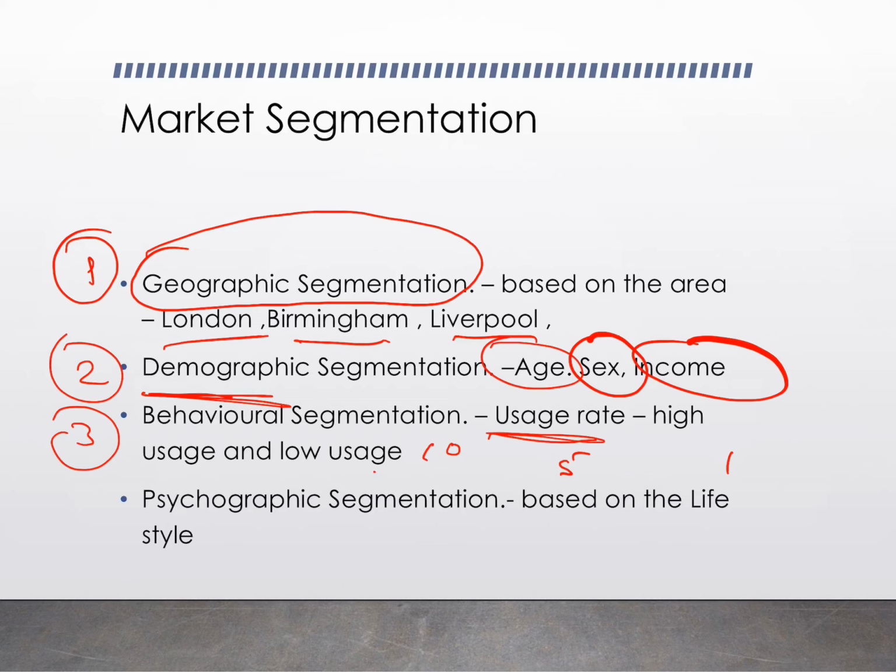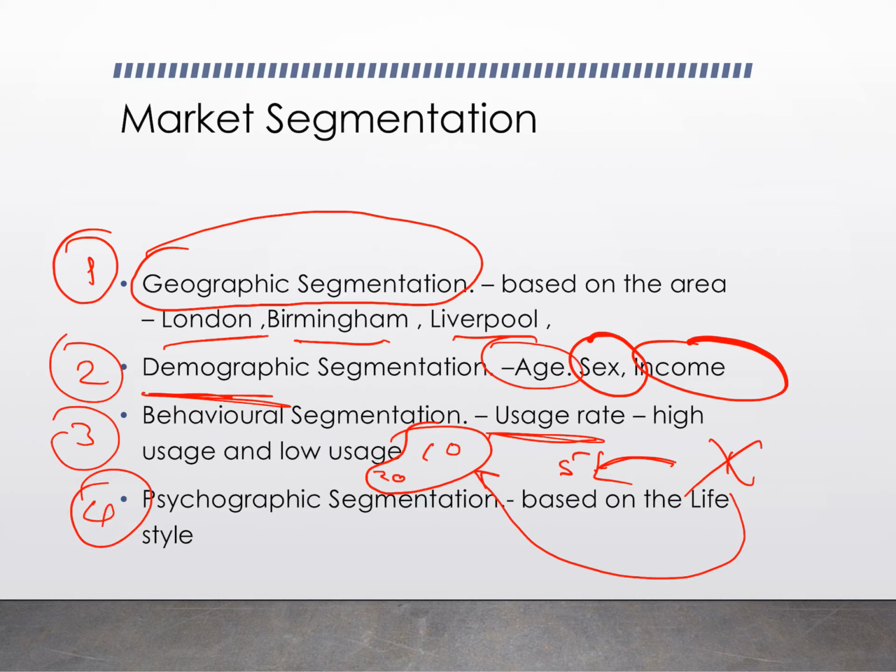Or there are people who smoke maybe 20. So tobacco companies are mainly focusing on these two types of category. This is where they make money. They're not interested in this category. If they can increase up to 5, if they can convert, yes, they would be happy. Or if they can convert to 10, they would be much, much happier. So behavioral segmentation is about dividing the consumer based on usage.